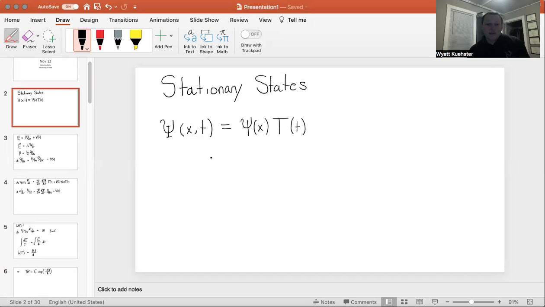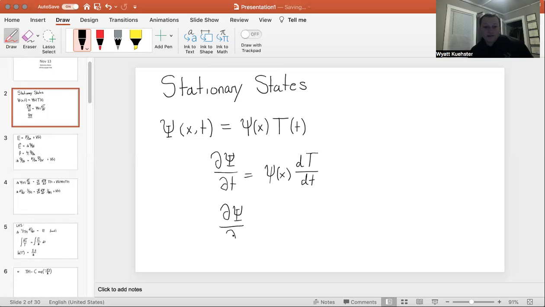And then what this does for us is, well, one thing is it turns the partial derivatives. So if I take the partial derivative of psi, for example, with respect to t, now this is just little psi of x, because it's constant with respect to t, times the total derivative of T with respect to little t. And similarly, d psi by dx is just T of t times d little psi by dx.